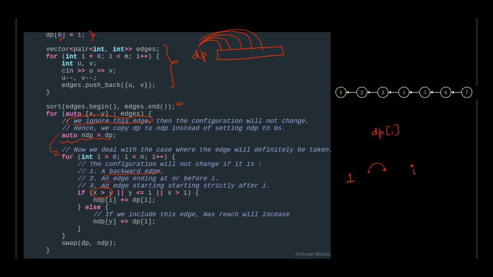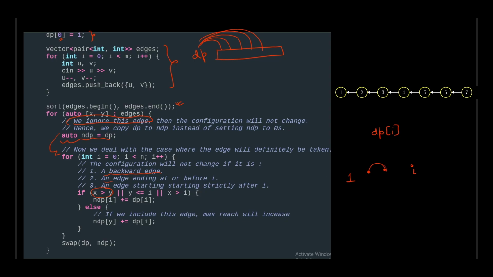Then even if you take this element into your graph, it won't really do anything, right? So an edge ending at or before i, it starts here and ends over here.